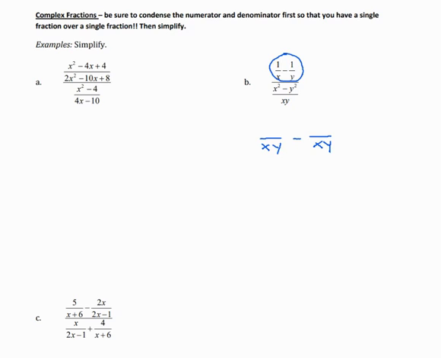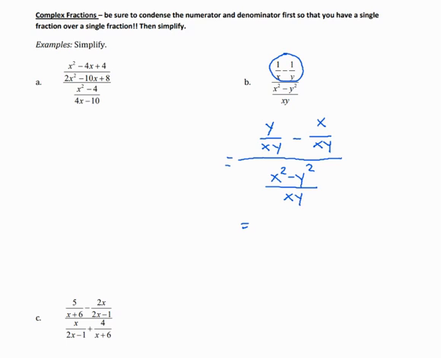The first numerator has a 1, and we change the denominator from an x to an xy, so that numerator has to now get a y. The second one just had a y, so we need an x up top. Okay, now I'll just recopy the second fraction. That second fraction looks good because it's already a single fraction.